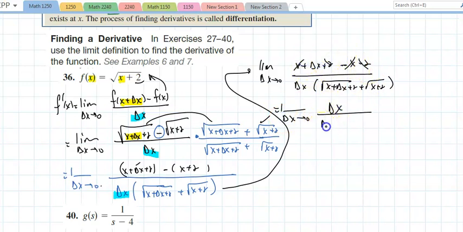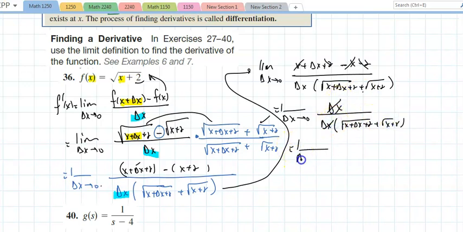Delta x over delta x multiplied by the square root of x plus delta x plus 2 plus the square root of x plus 2, and those cancel out.